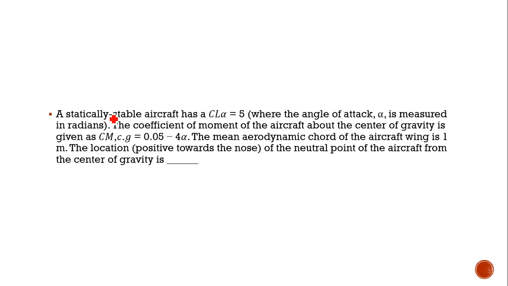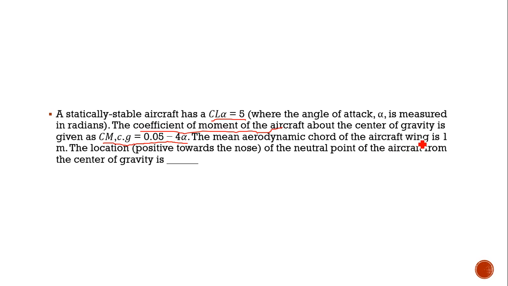So this is another sum. A statically stable aircraft has a CL alpha equal to 5 per radian, where alpha is measured in radians. The coefficient of moment of the aircraft about the center of gravity is given as CM_cg equal to 0.05 minus 4 alpha.